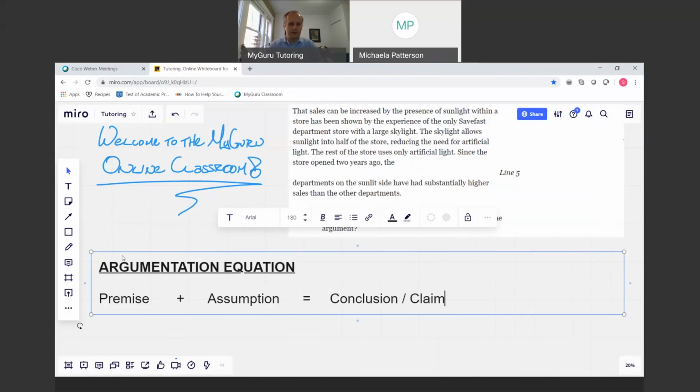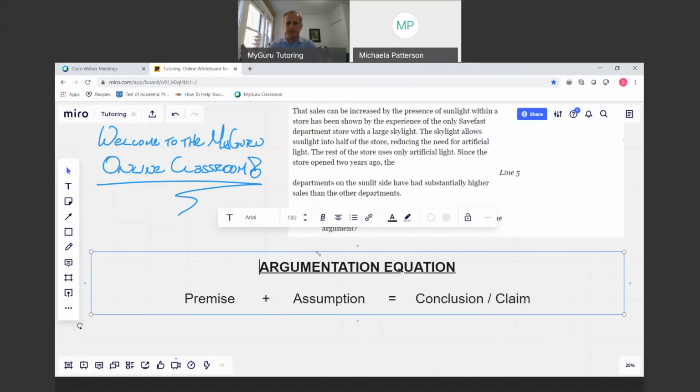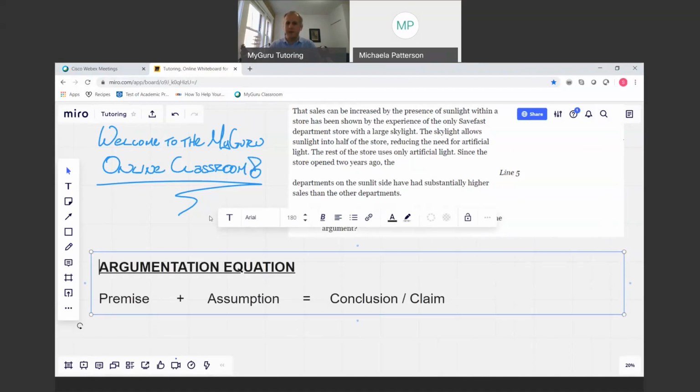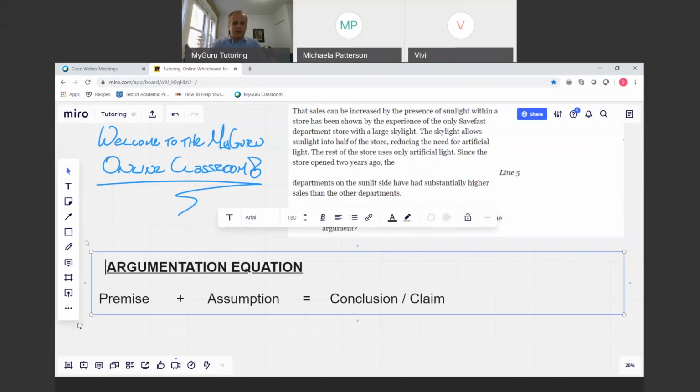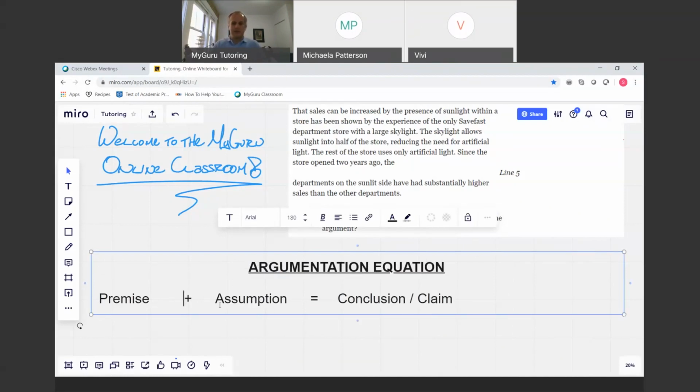When you're considering these pieces of argumentation, what you have is a conclusion that is ultimately going to be at some level subjective, and your premise or grounds, which is always objective.